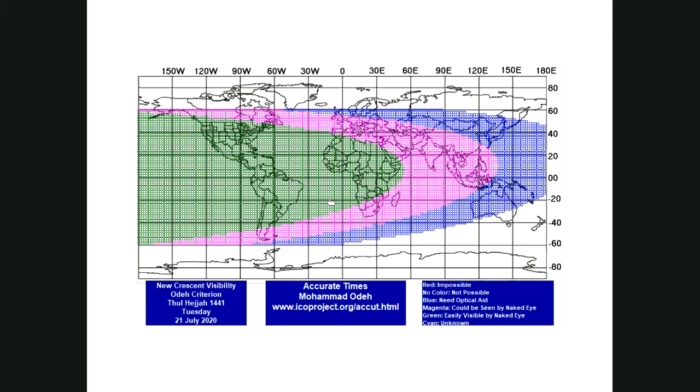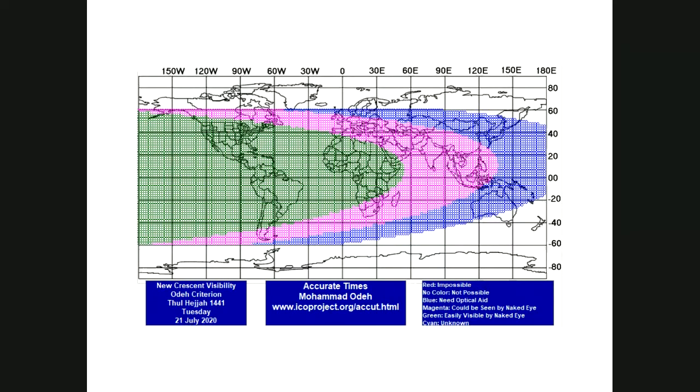So the 22nd, if you count on your fingers, 22nd, 23rd, 24th, 25th, 26th, 27th, 28th, 29th, 30th. So it looks like Eid al-Adha might be on July 30th.